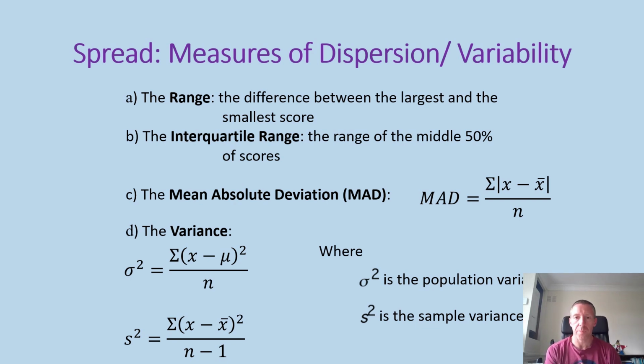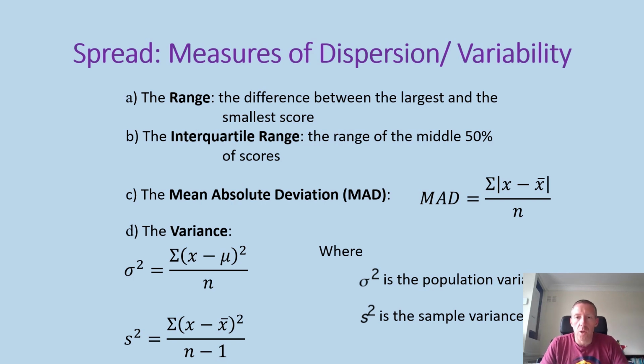It's not very informative, but it can be useful to report it when you write up results, because it can give you an idea of how skewed data is. So if the lowest score in your data set was 2 and the highest score was 18, the range would simply be the highest minus the lowest, so 18 minus 2. The range would be 16 points between the lowest and highest score.